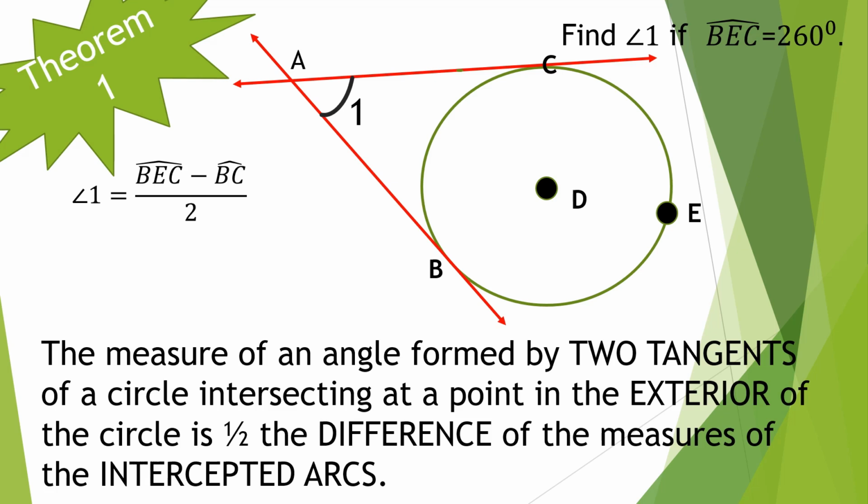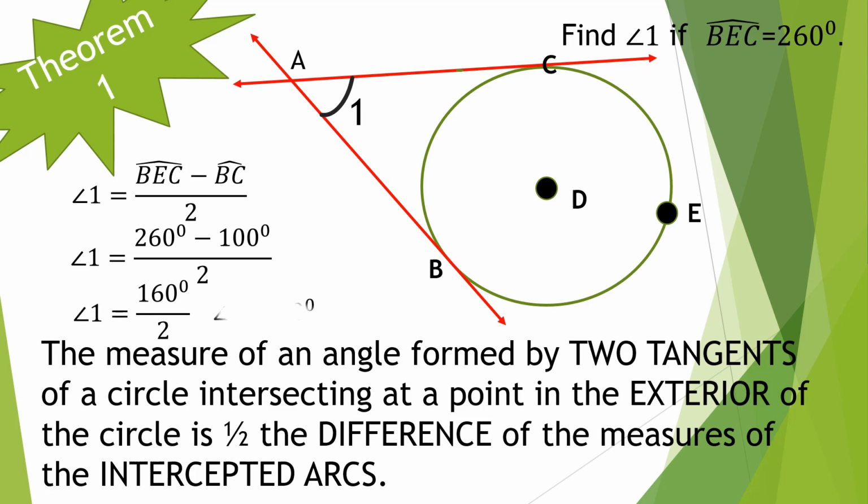Since BEC is 260 degrees, what is the measure of BC? We know that the degree measure of a whole circle is 360 degrees. So BC is equal to 100 degrees, because 260 plus 100 is equal to 360, which composes the whole circle. BEC minus 100, that is 160, divided by 2, that is 80 degrees. So angle 1 is equal to 80 degrees.